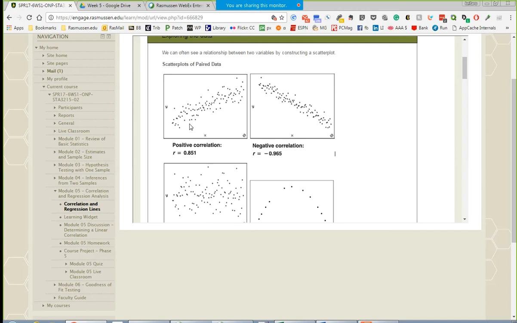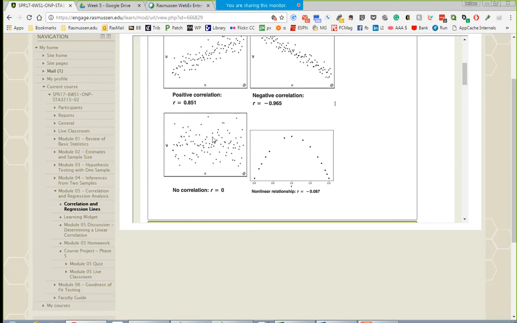In this case, it is considered to be a positive correlation, because in algebra it's defined to be a positive slope if the slope goes from bottom left to upper right. So this is a positive correlation. Similarly, this is a negative correlation because it goes from upper left to bottom right. And if you took algebra, you know this is a negative slope.